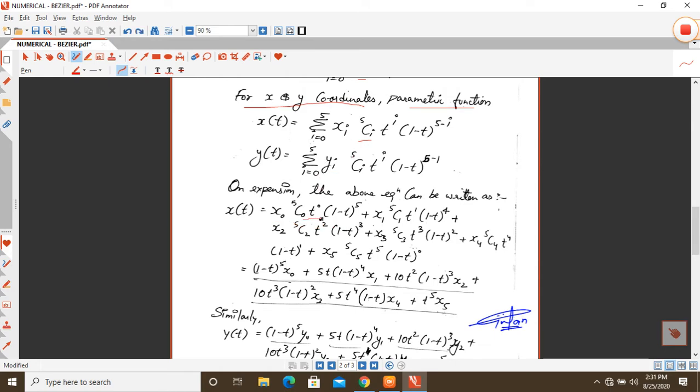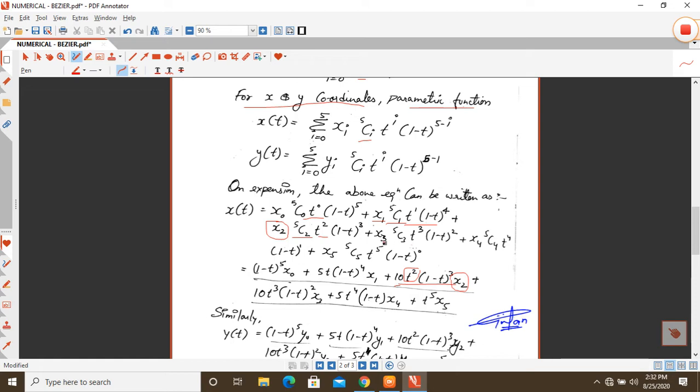This equation becomes (1 minus t)^5 x0 plus 5C1 is 5, t raised to the power 1 is t, so 5t into (1 minus t)^4 into x1, then x2, 5C2 is 10, t square (1 minus t)^3.